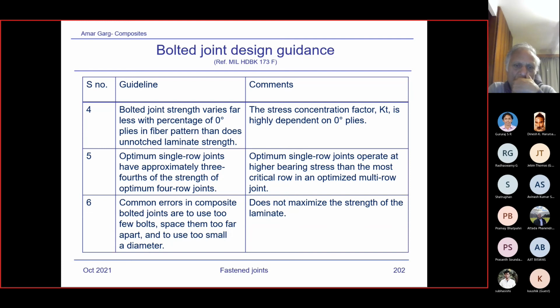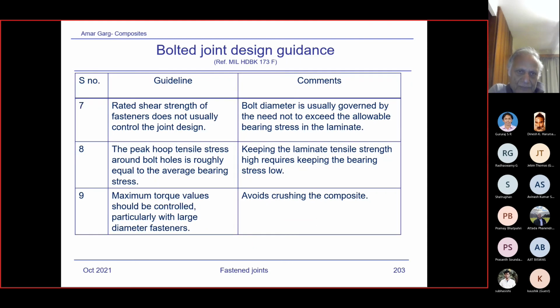Common errors in composite bolted joints are to use too few bolts, space them too far apart, and to use too small a diameter. Doesn't maximize the strength of the laminate. Rated shear strength of the fastener does not usually control the joint design. What it is saying, the fasteners will be shear strength rated, but it doesn't mean that much of shear stress you can apply on the joint, because that will be controlled by bearing, and bearing allowable will be lower.